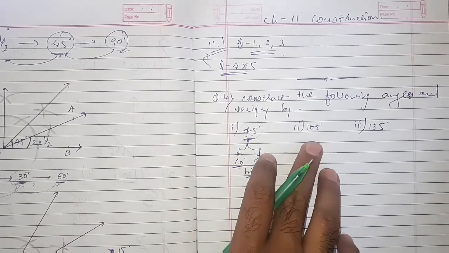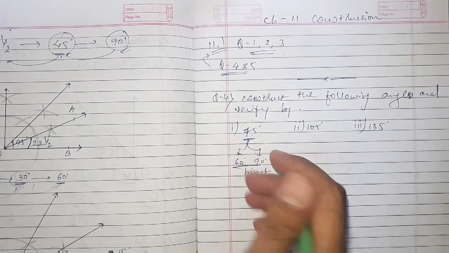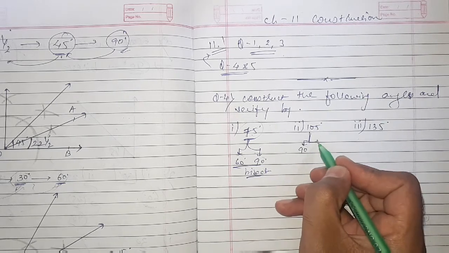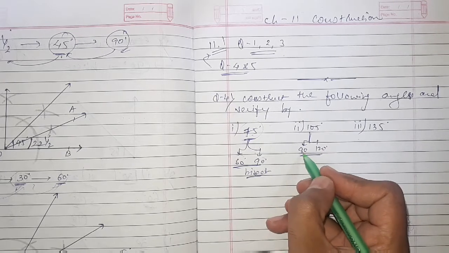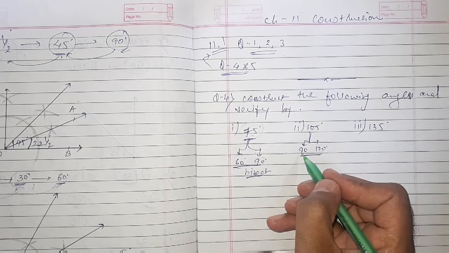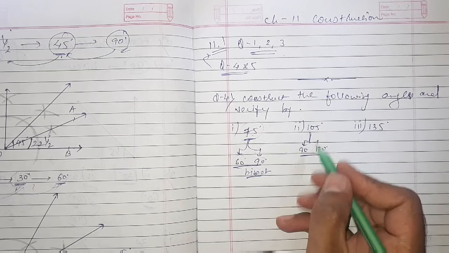For the 105 degree, we need 90 degree and 120 degree. Adding 90 plus 120 gives 210 degree, and 210 divided by 2 is 105 degree.